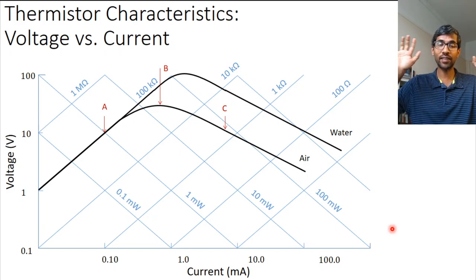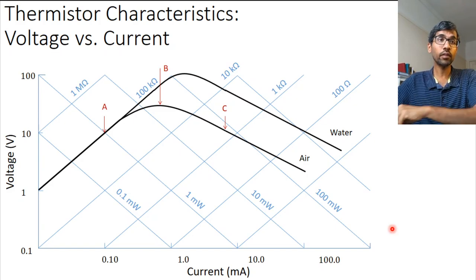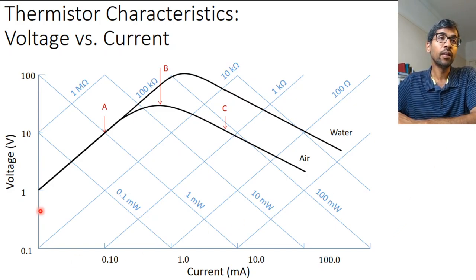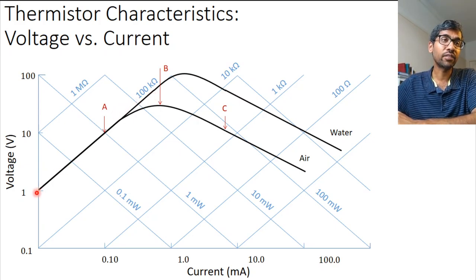So assume that the temperature of the environment is kept at a constant temperature. What happens when you increase the current through the thermistor? Okay, so here's what happens. Initially, you just are on a straight line. Let's say you take a thermistor whose resistance is 100 kilo ohms at a particular temperature, and you don't change the temperature, and you start giving it a small amount of current.